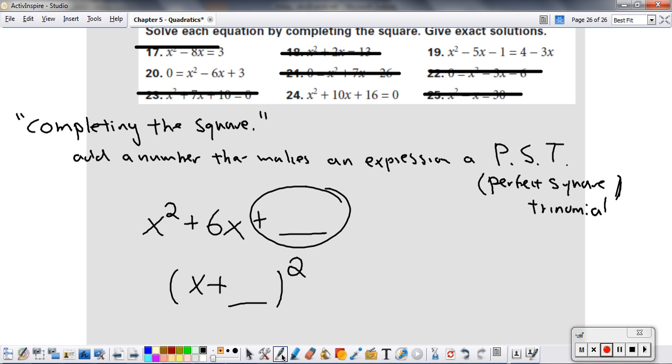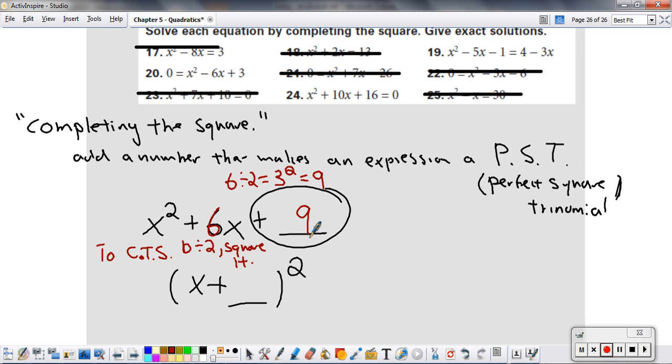To complete the square, you take b divided by 2, and then you square it. In this case, I would take the number 6 divided by 2, that gives me 3, and then I'm going to square that, that gives me 9. So the number to complete the square would be 9.